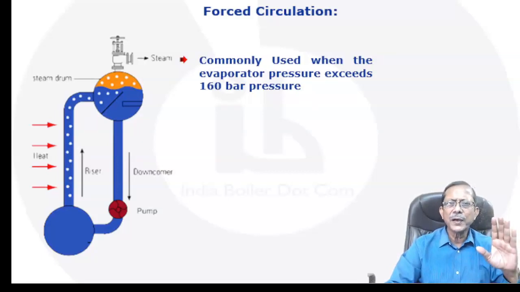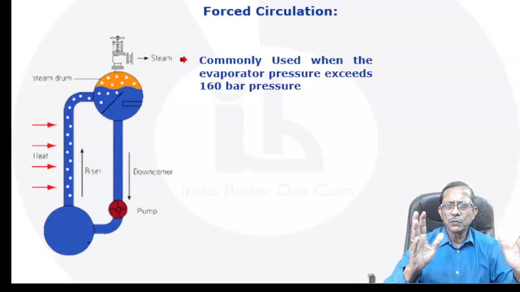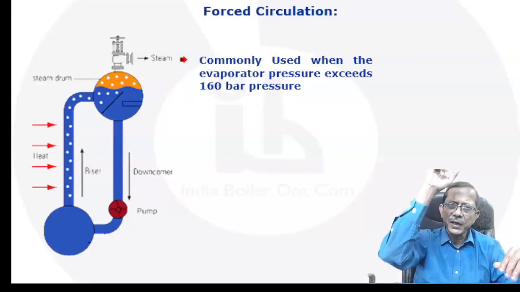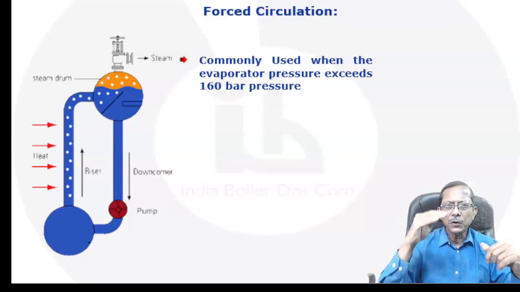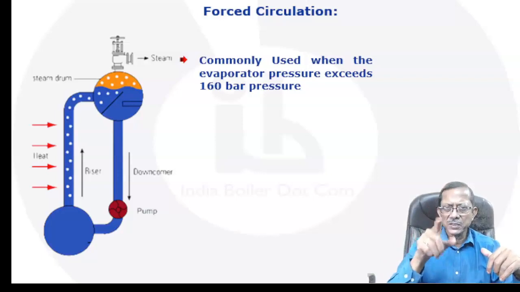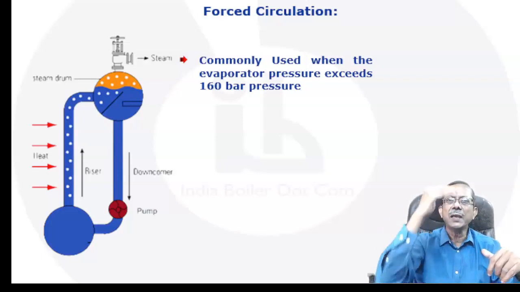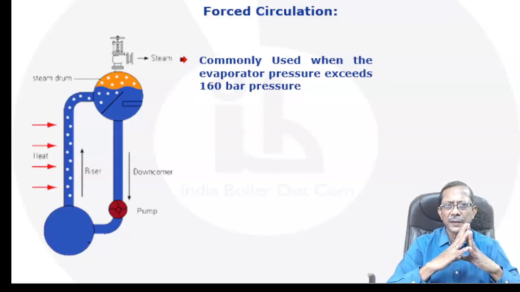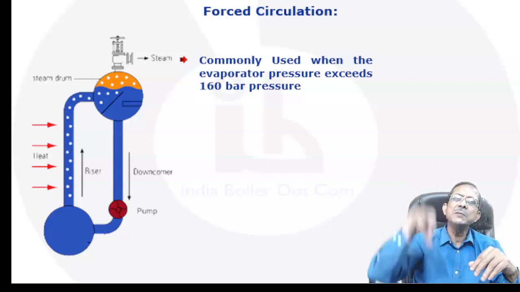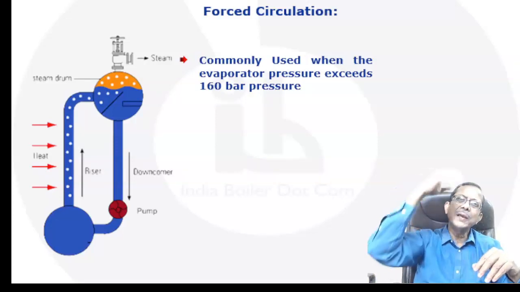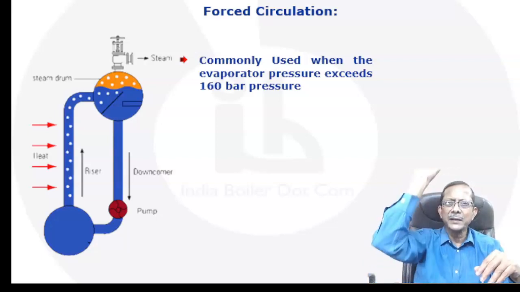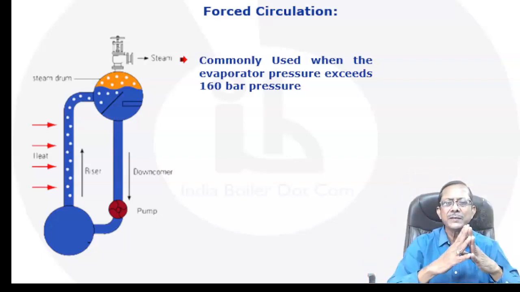But there you are going to find that the evaporator tubes, the water wall tubes, are in horizontal configuration and at a very high elevation. So the height, as you can see, H, is a very important factor. The height cannot be increased there, because if you put the steam drum at an even higher altitude, that will become a very impractical design.